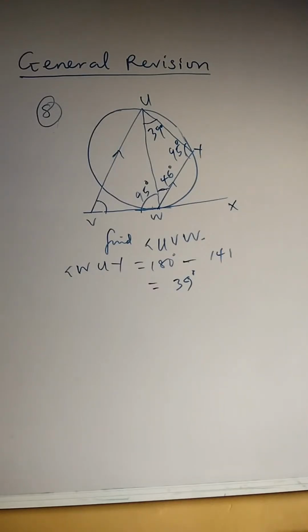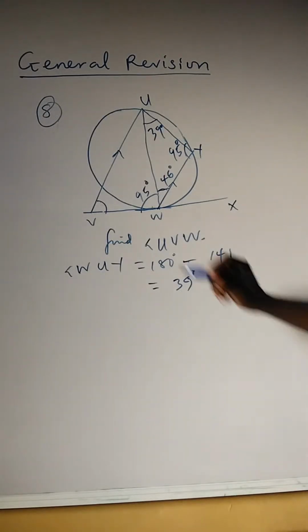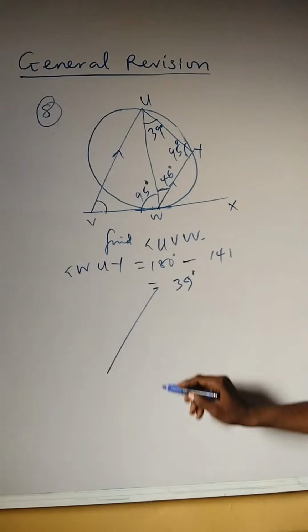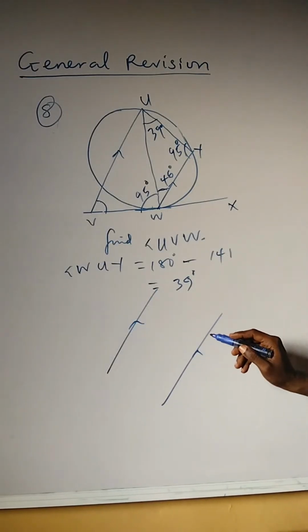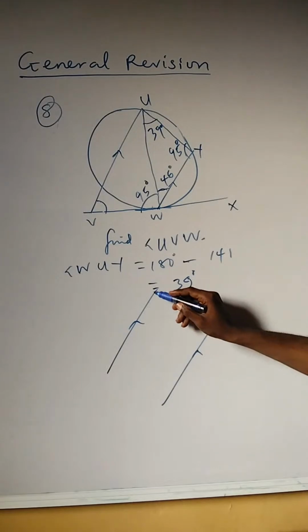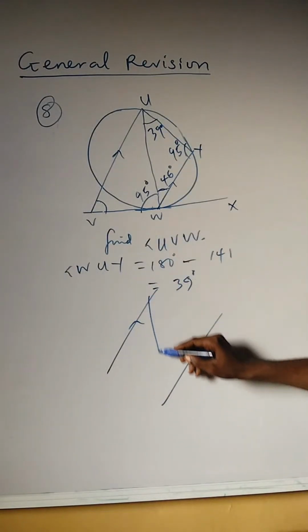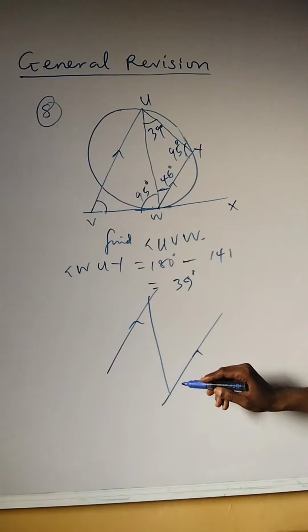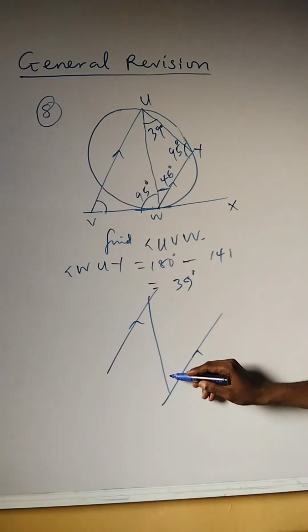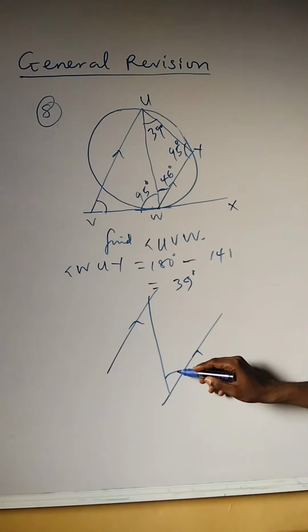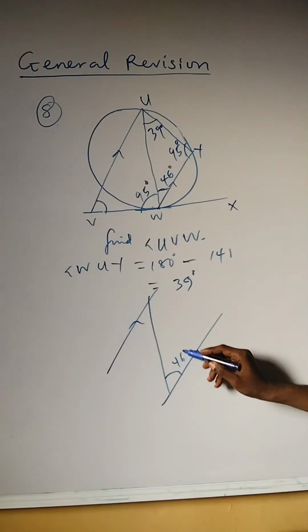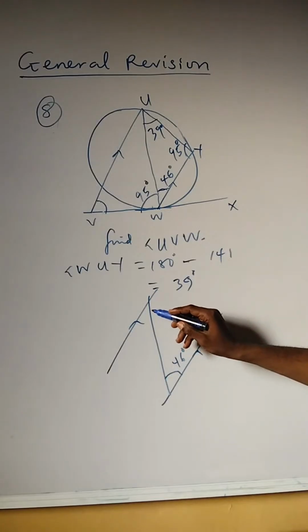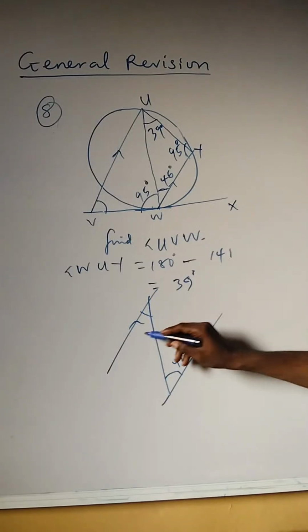And what else again? This parallel line will be useful. Whenever we have two parallel lines, like the ones we have here, a transversal crossing the lines will tell us something. If I get this angle to be 46, I can get this angle here to be 46.